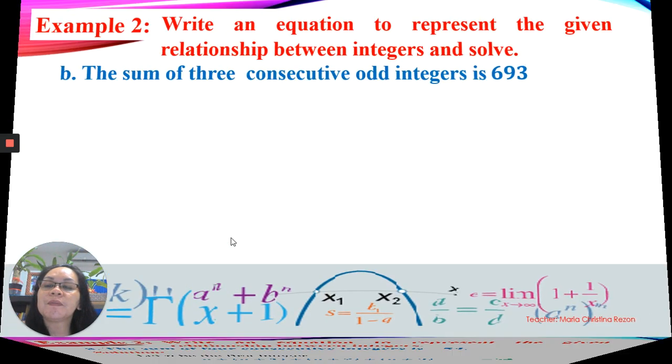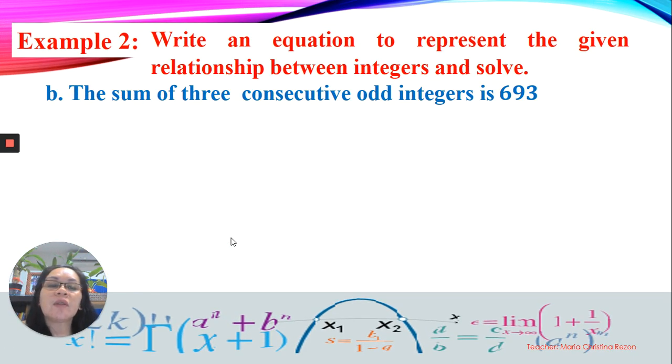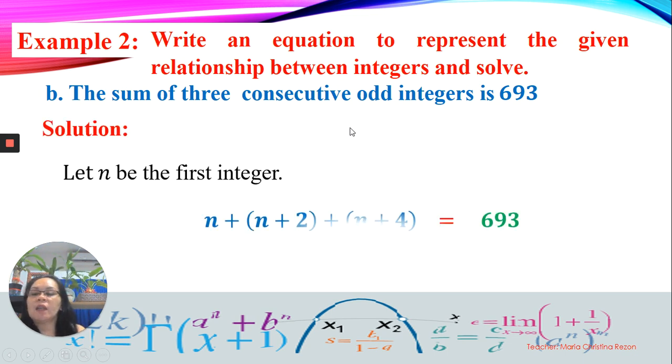Another example. Write an equation to represent the given relationship between integers and solve it. The sum of 3 consecutive odd integers is 693. So for your solution, you will have to let n be the first integer, then n plus 2 plus n plus 4 is equal to 693.